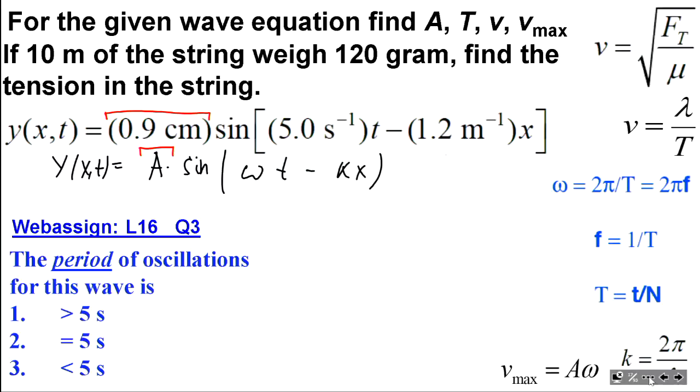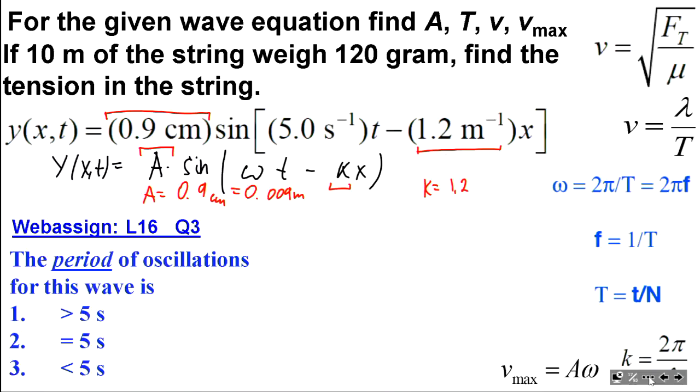So this comparison immediately tells us the amplitude of this wave is equal to 0.9 centimeters, 9 millimeters, 0.009 of a meter. Now, if I look at the last part, this comparison tells me that the wave number k should be equal to 1.2.